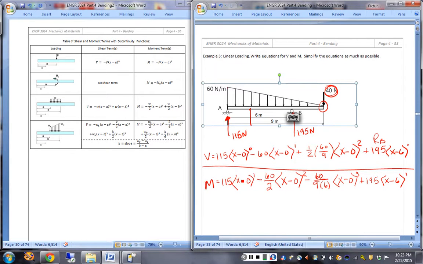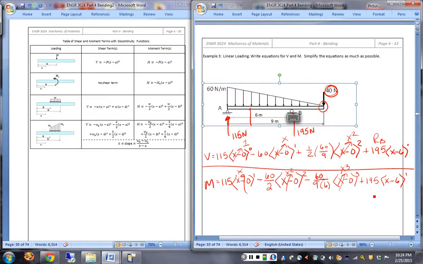We know that x minus 0 to the 1 simplifies to x, x minus 0 to the 2 simplifies to x squared, and x minus 0 to the 3 simplifies to x cubed. Up here in the shear equation, this simplifies to 1, this simplifies to x, this simplifies to x squared.